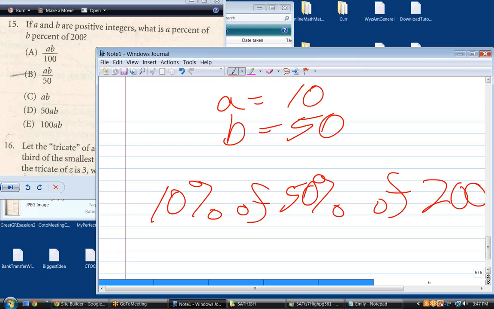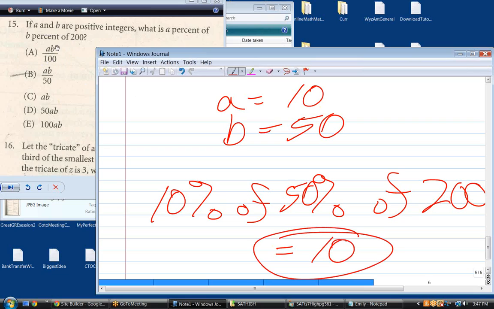We know what 10% of 50% of 200 is. What is it? I don't know. What's 50% of 200? 100. Okay, and what's 10% of 100? 10. So we know the answer has to be 10 when A is 10 and B is 50.